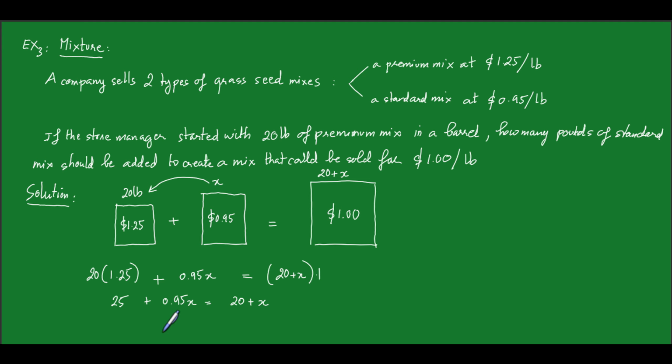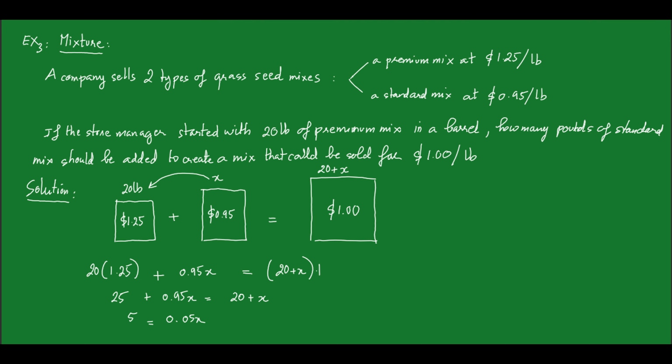So let's solve this equation. We're going to subtract both sides by 20, so we have 5, right? And we're going to subtract both sides by 0.95x, so 1 minus 0.95, which gives you 0.05x, right?